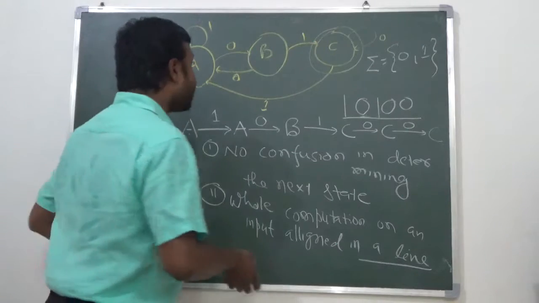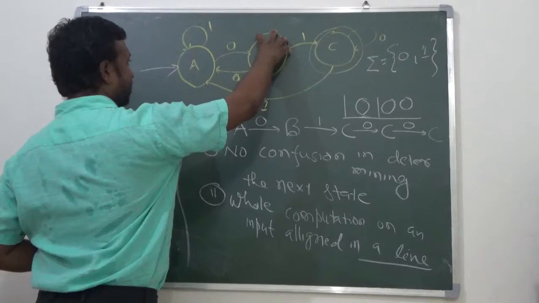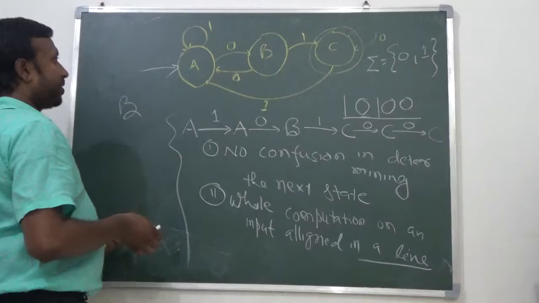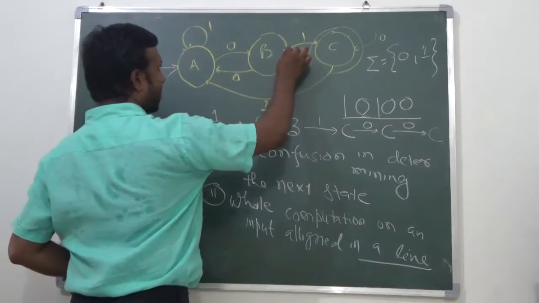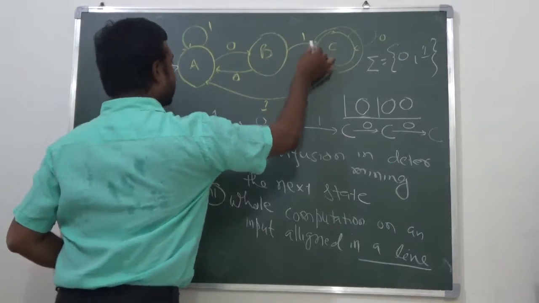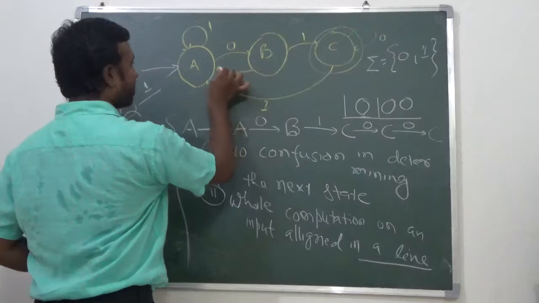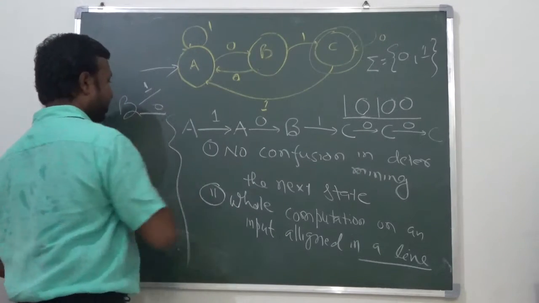Now if we analyze any state, let's say state B, how many outgoing branches are there? The first branch is going for 1, and the second branch is going for 0.